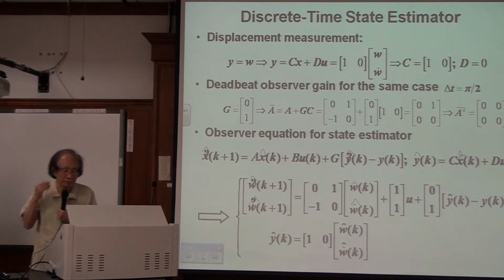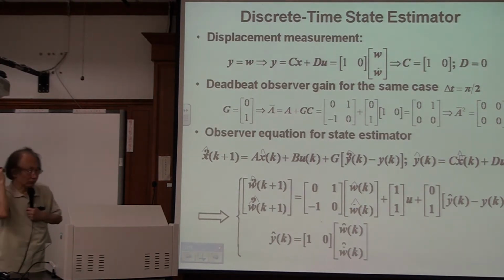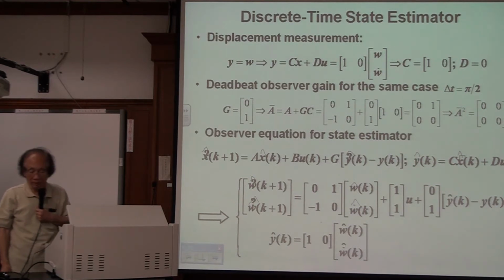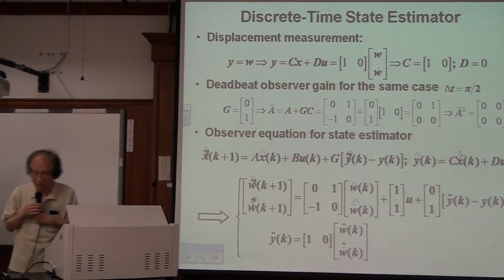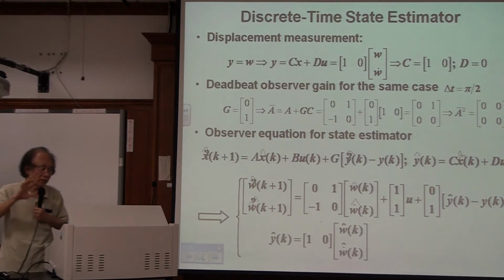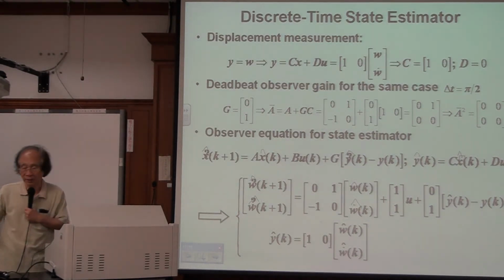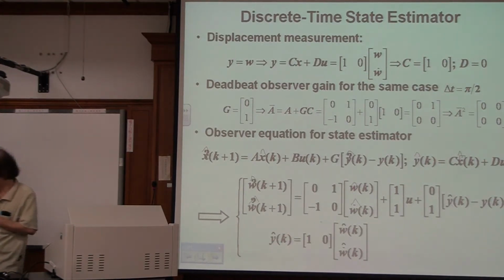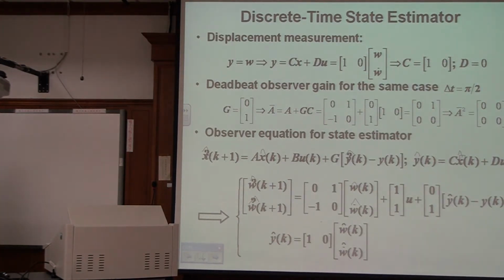As a matter of fact, the same technique we can also do for the deadbeat state estimator. For this case, we just move all the state estimator poles to 0. So deadbeat means we move all the poles to 0, and that can be done too.